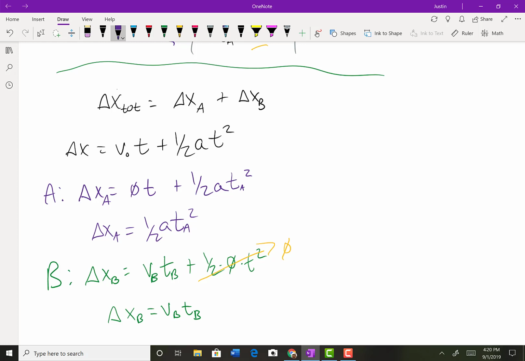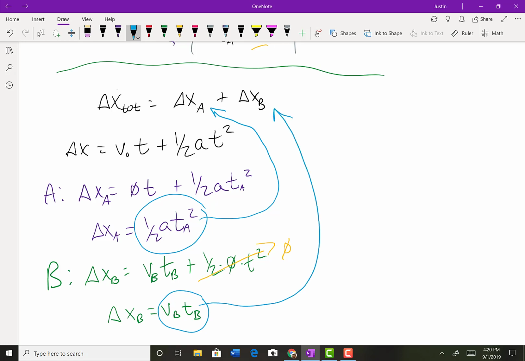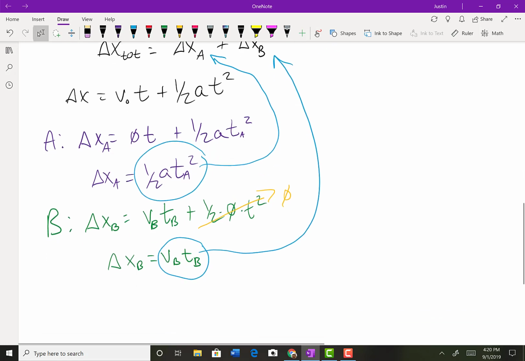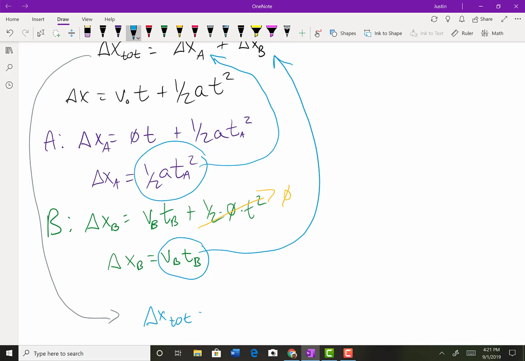All right. What I'm going to do is take this, because this is delta XA, plug it in there, and take this, because this is delta XB, and plug it in there. Let's take all this now and write it again back here. So this is going to be delta X total equals 1/2 A TA squared plus VB TB.